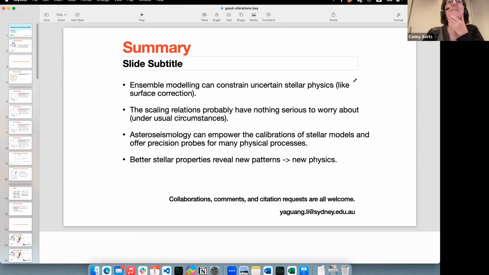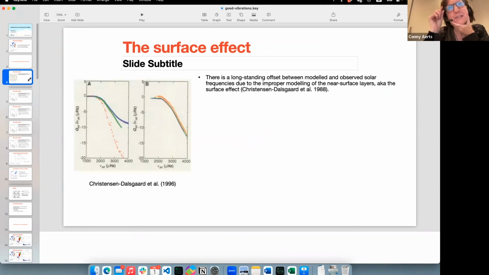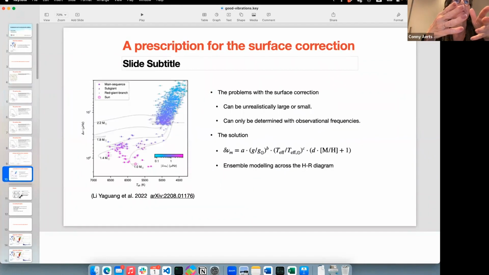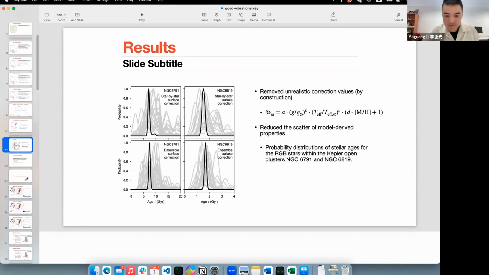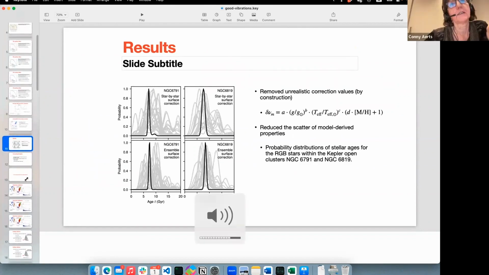Hi, everyone. Thanks for this comprehensive seminar. I have a question on your first part. Maybe you said it, but I missed it. There's football in the background here, so maybe that's the reason. Once you have done this better correction for the clusters that you showed, the two Kepler clusters, for each pulsator in the cluster, you know how wrong you were when you did not treat it as an ensemble, right?